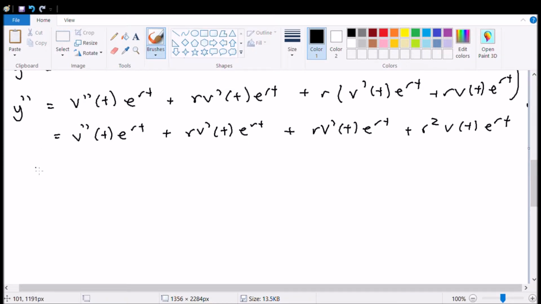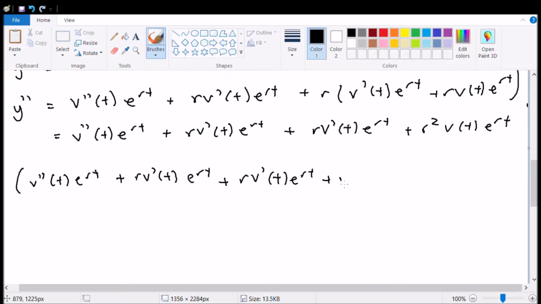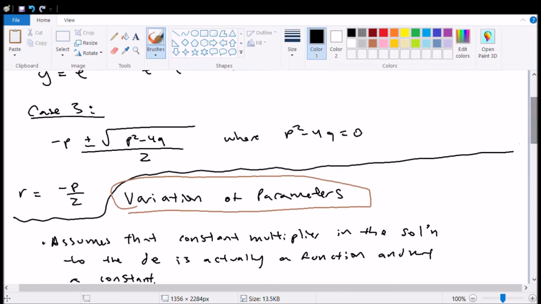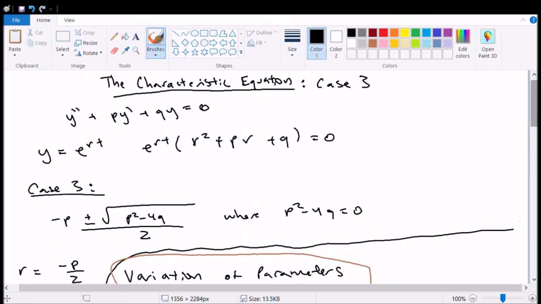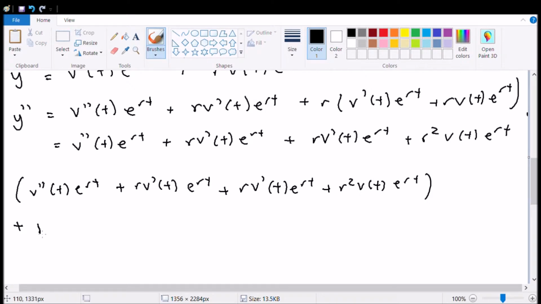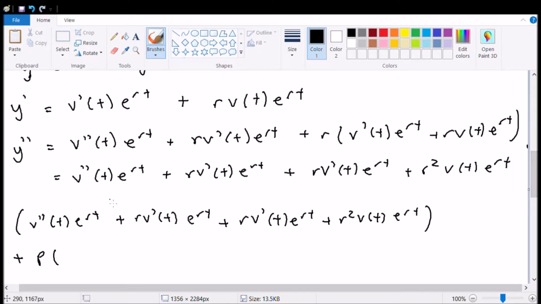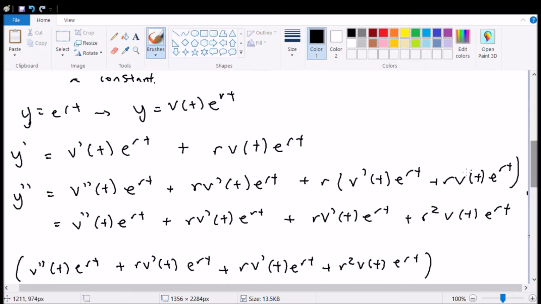So we're going to have y double prime, substituted in for this term, and now we're going to have p times y prime, so plus p times y prime, which is over here, and then plus q times y, which is simply this thing.